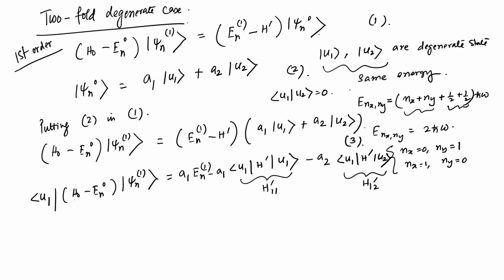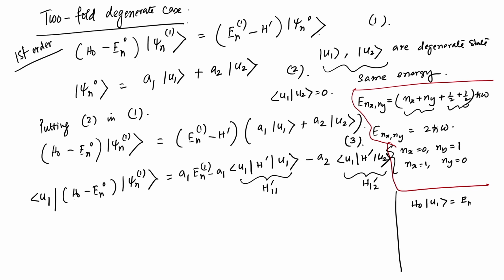This is just an example that we have given, so let me put a red line to keep it separate. And so with this you also have H0 u1 equal to En0 u1 and so on, okay, and H0 u2 is the same as En0 u2.